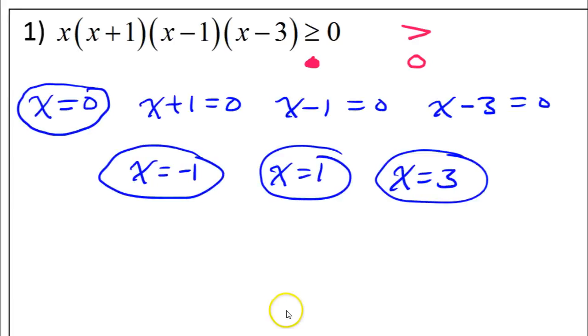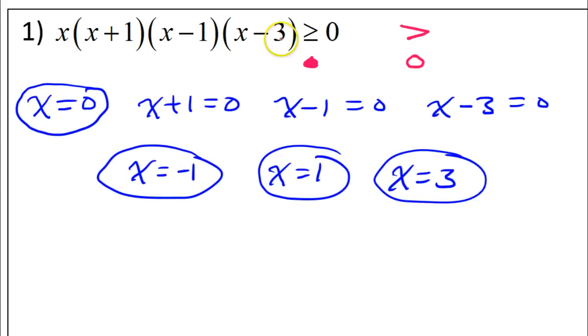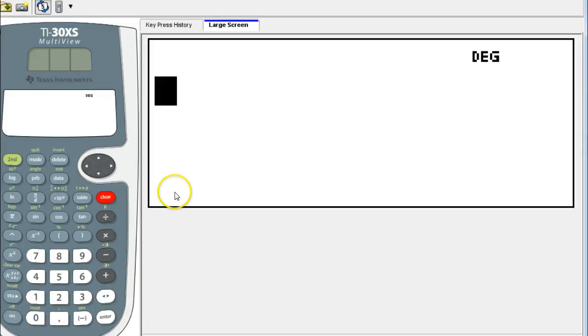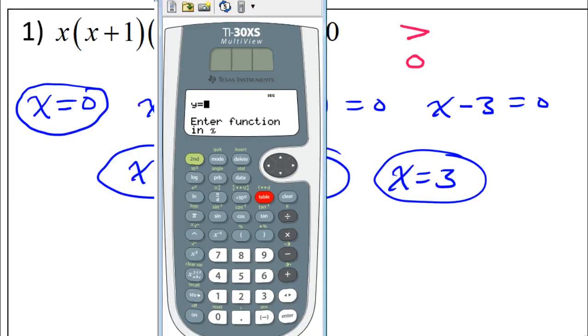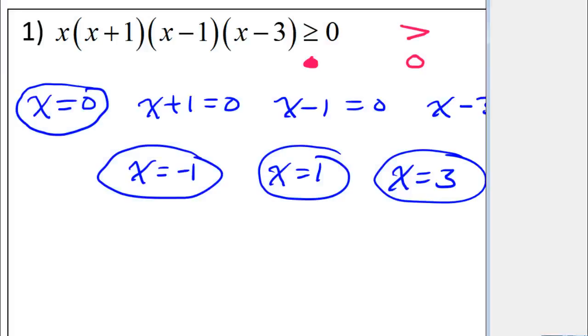So, time for the calculator. Let's type this function into the TI-30 XS multiview. So hit your table function and get to typing. Just going to move this over here.